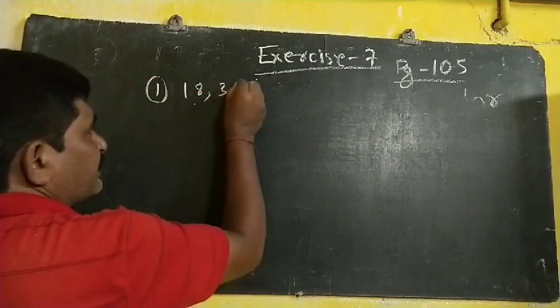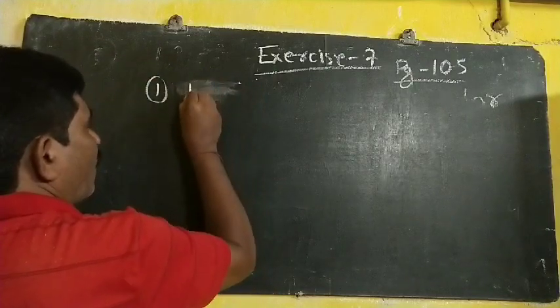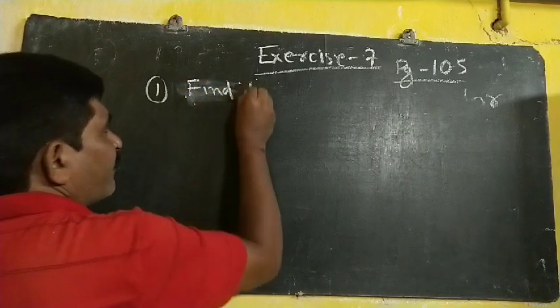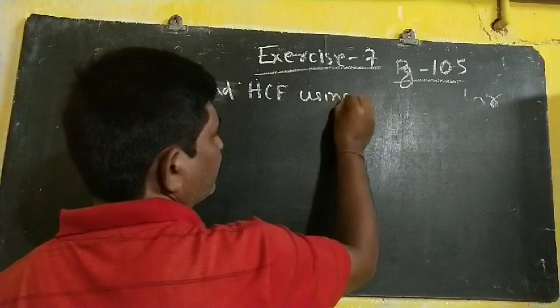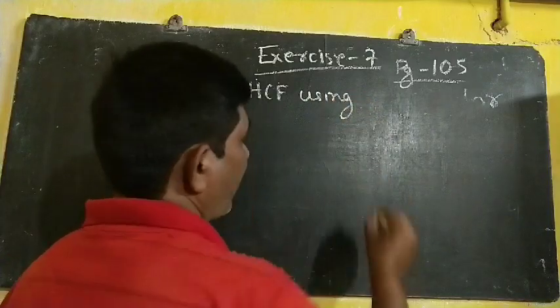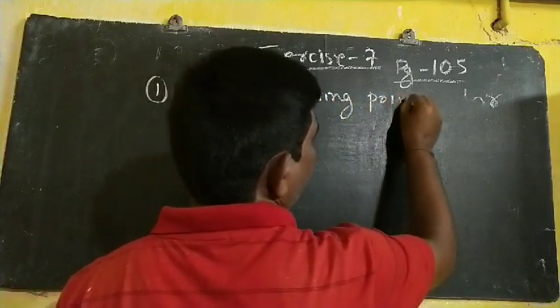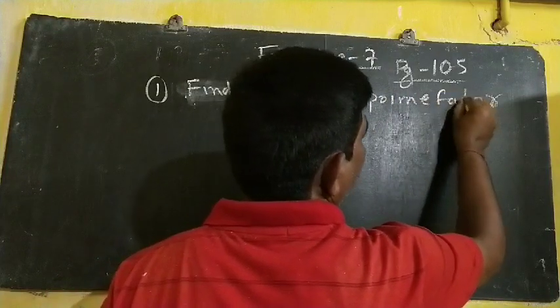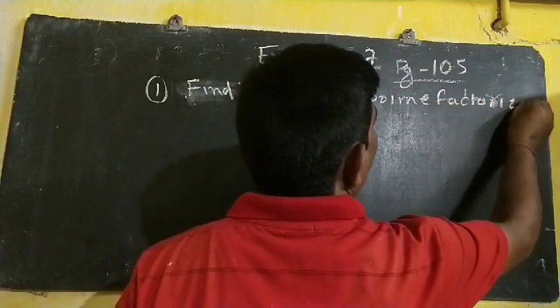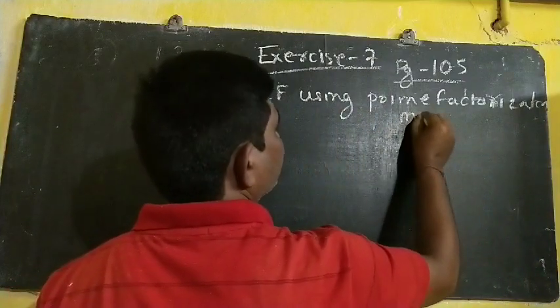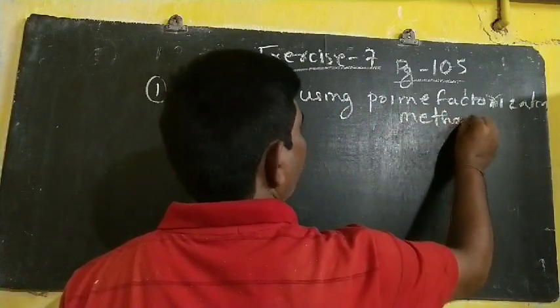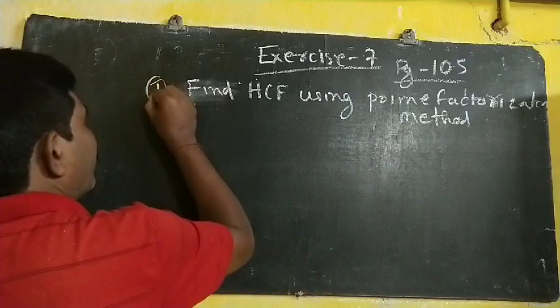Find the HCF using prime factorization methods. Okay, it is number 5.